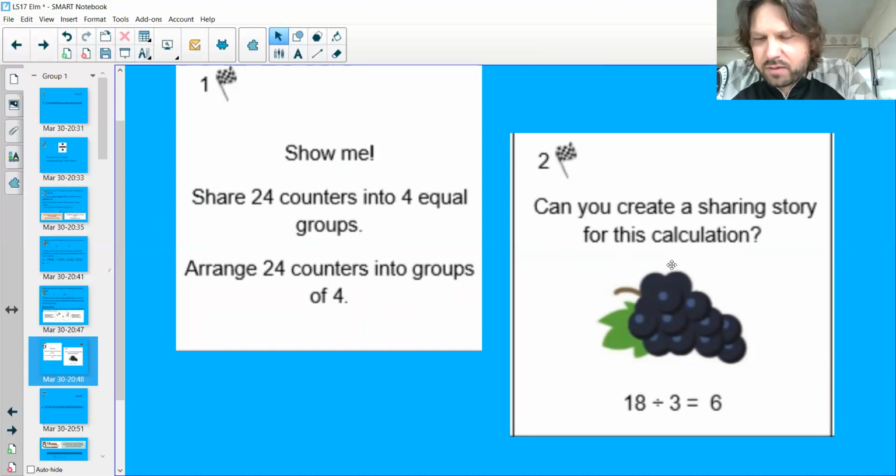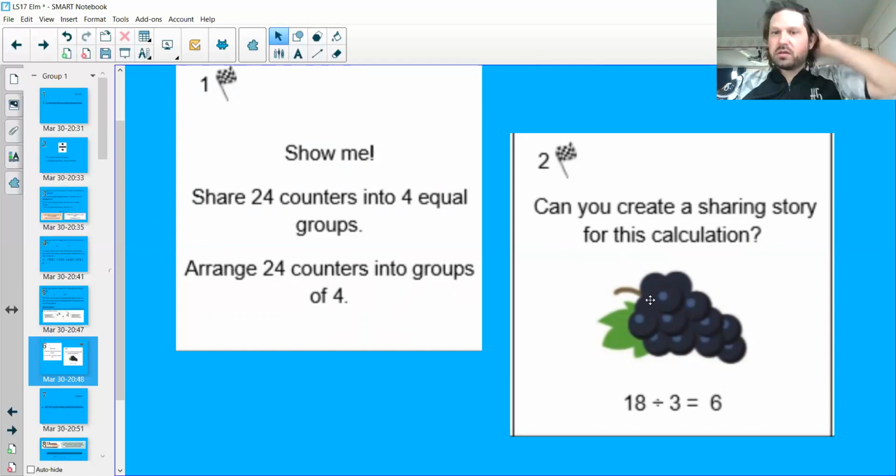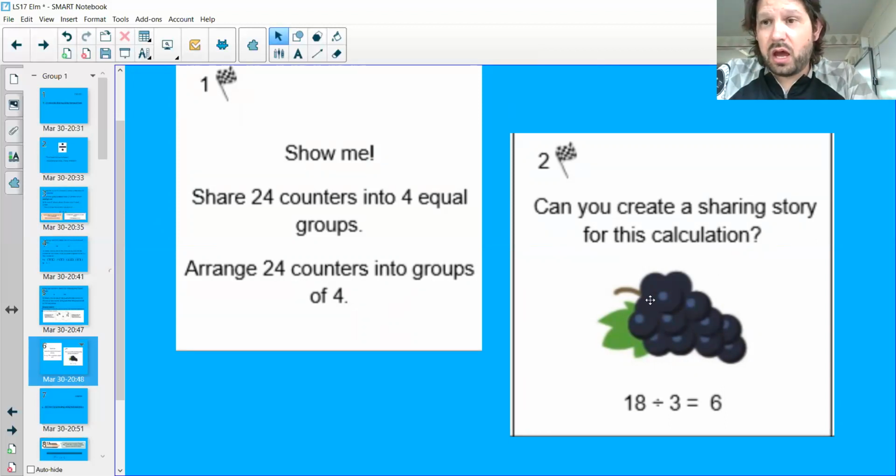It's up to you. You can use grapes. You don't have to, but can you come up with a story? So, for example, there were 18 grapes, and there were 3 children who each wanted an equal amount of grapes. How many grapes did they have each? So you're writing your own question to go with that potential answer.